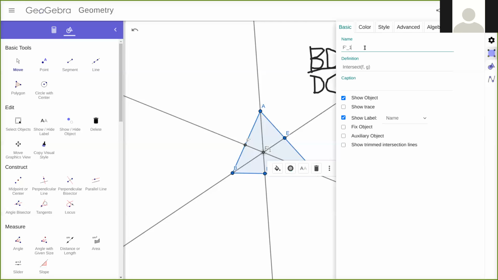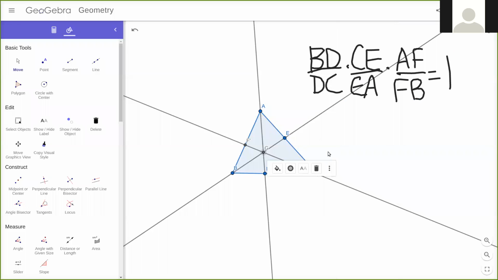So this one, let's rename it as G. So we're assuming that AD, BE, and CF prime are concurrent.